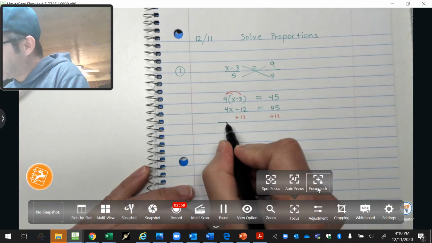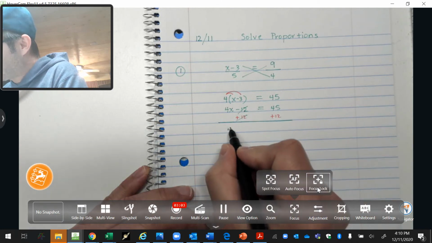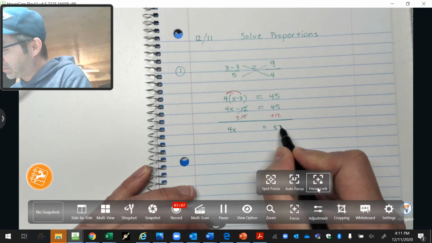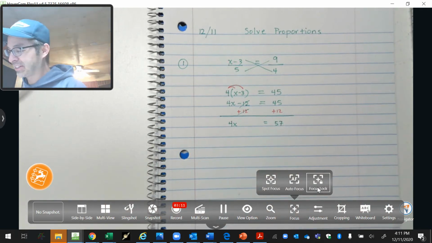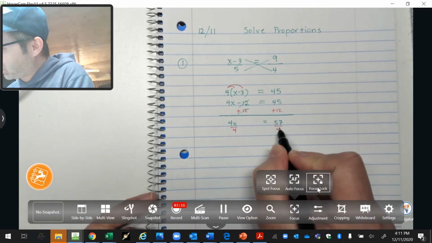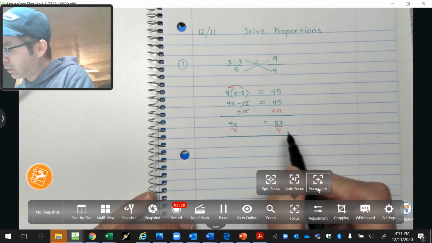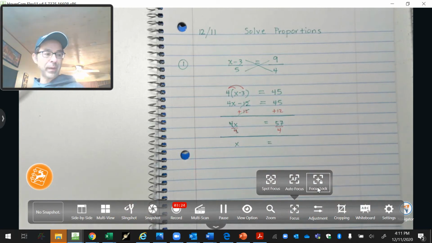The nice thing is, most of you are super good at this now, and so I don't have to explain what's going on. Divide by 4. Divide by 4. Those cancel. X equals 57 divided by 4.